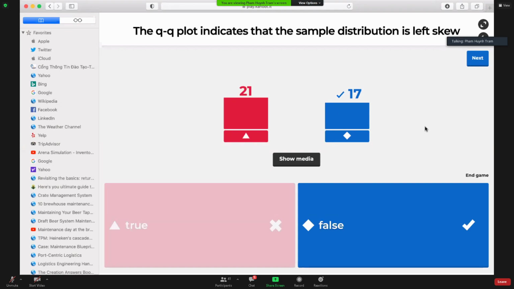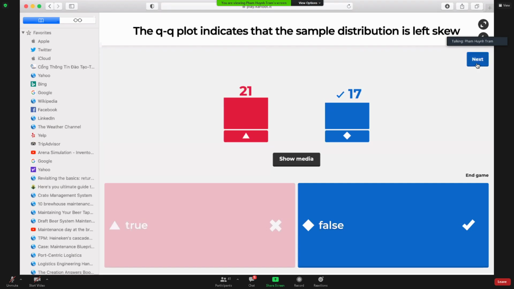My point is just to remind you that there is a lot of information that we can extract from the QQ plot besides concluding whether our distribution hypothesis is correct or not. And one of them is to see the shape of our distribution, whether it's left skew or right skew. I guess you gave me random answers, and that's why we have a quite random result here, like 50%. But that's okay. It's just a tough question. I just want to remind you of that point.